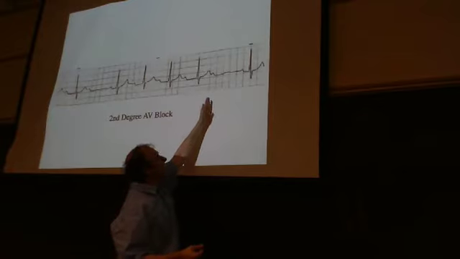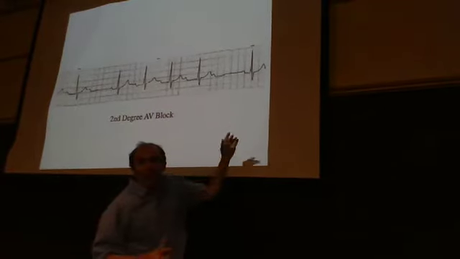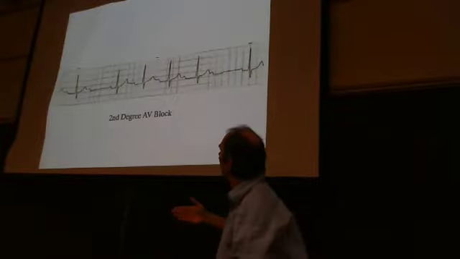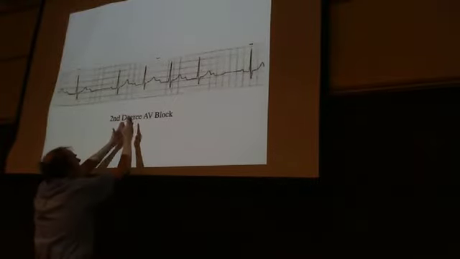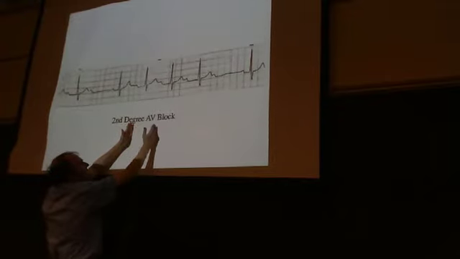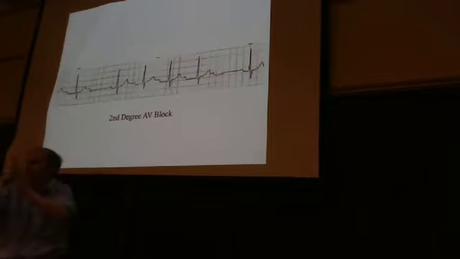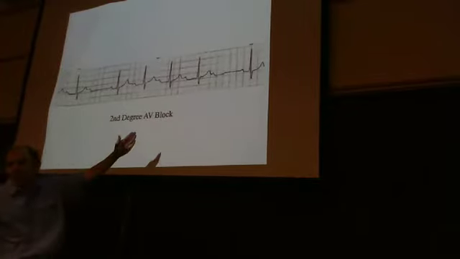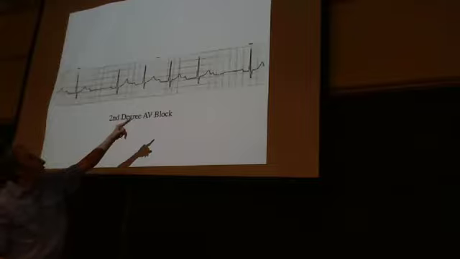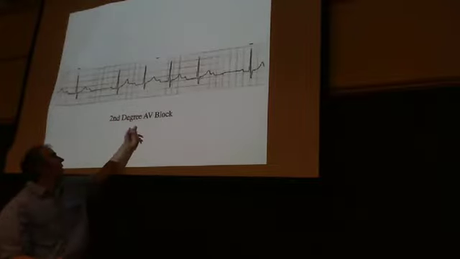Then T, P, nothing. This is when you drop a beat. Sometimes the PQ segment gets longer successively until it drops, and sometimes it doesn't. Sometimes it's pretty steady until it drops. But if you're dropping occasional beats like this, you still see a P wave, but you don't see a QRS and T wave. That's second degree AV block.